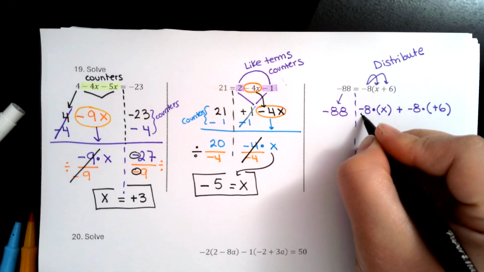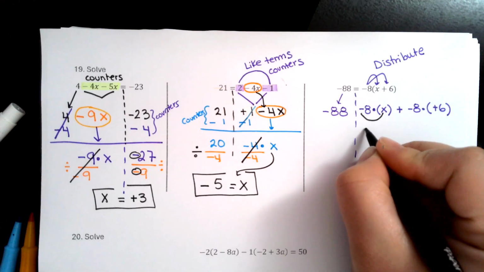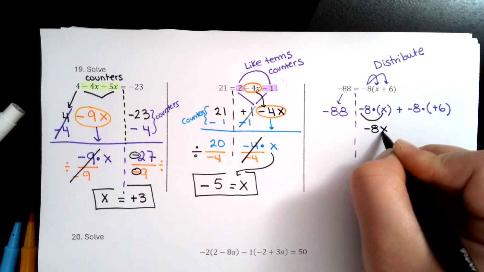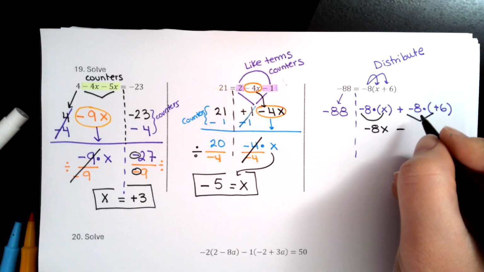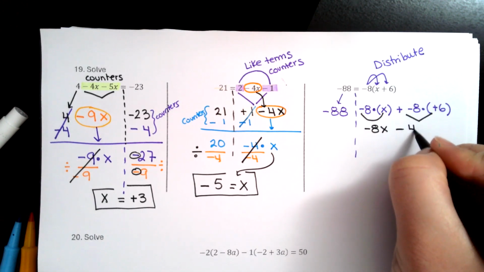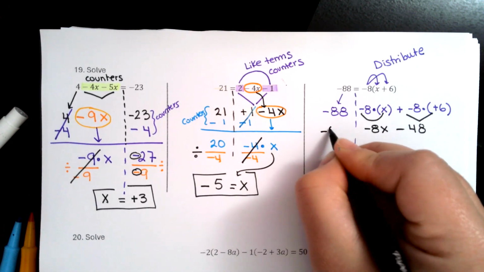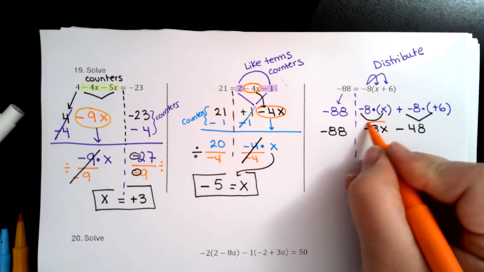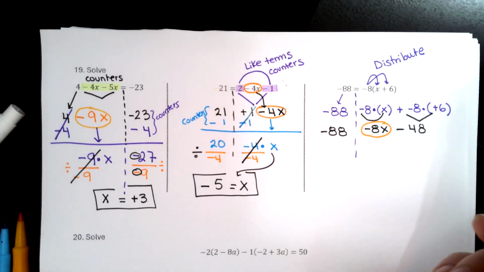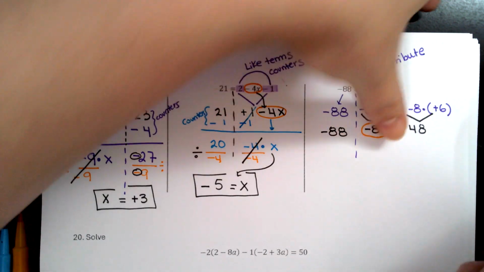Okay, -8 times x is -8x. Same or different, different. 8 times 6 is 48. So we get a -48 here, -88 here. Again, we're going to circle the term with the x. I'm going to take my finger and cover that term.